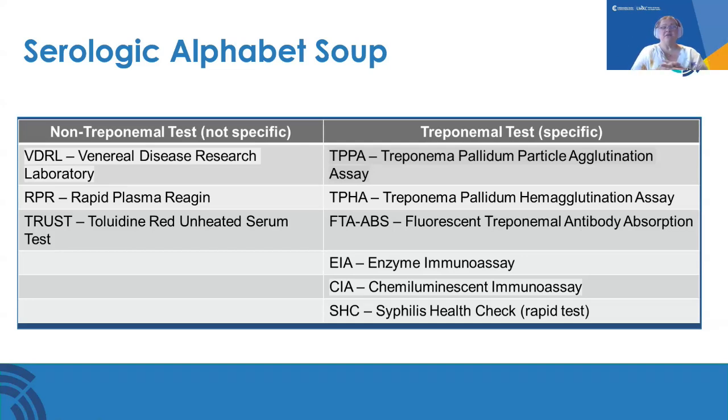And sometimes, especially if you work for a state health department or you're helping people with staging, you'll hear some of these alphabet soups and it might be something that you're not familiar with. So you might want to keep this slide just to make sure that you're talking about a treponemal test or a non-treponemal when somebody comes up with a new soup du jour.